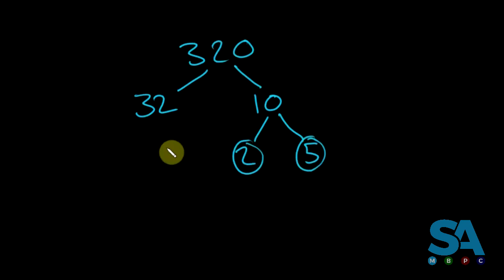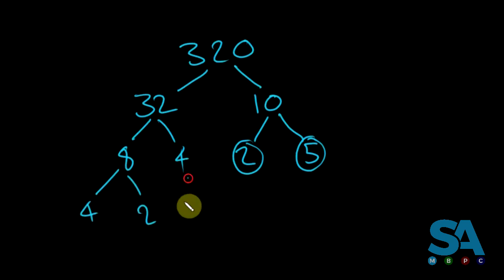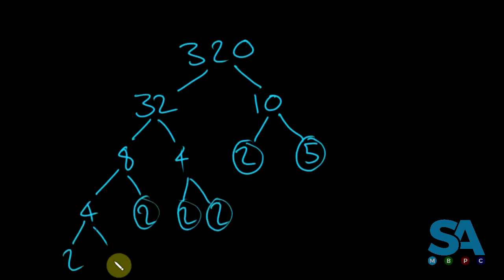Now if we look down the branch of 32, 32 can be split into 8 and 4. 8 can be split into 4 and 2. 4 can be split into 2 and 2. These are prime numbers. Then finally this 4 can be split into 2 and 2 as well. So the prime factors of 320 are 1, 2, 3, 4, 5, 6. There are 6 2's. So 2 to the power of 6 and 5.